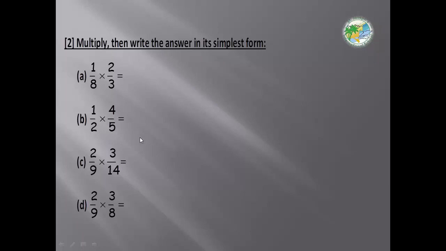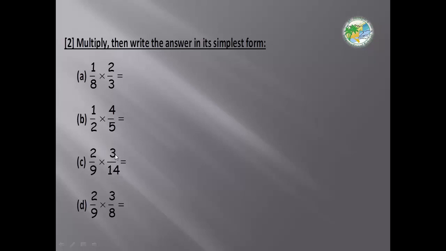طيب 2 times 3, 6. 9 times 14. طب these fractions we can change into simplest form. How? Look in the opposite direction. 3 و 9, 3 و 9 in the timetable 3, و 2 و 14 in the timetable what? 2.